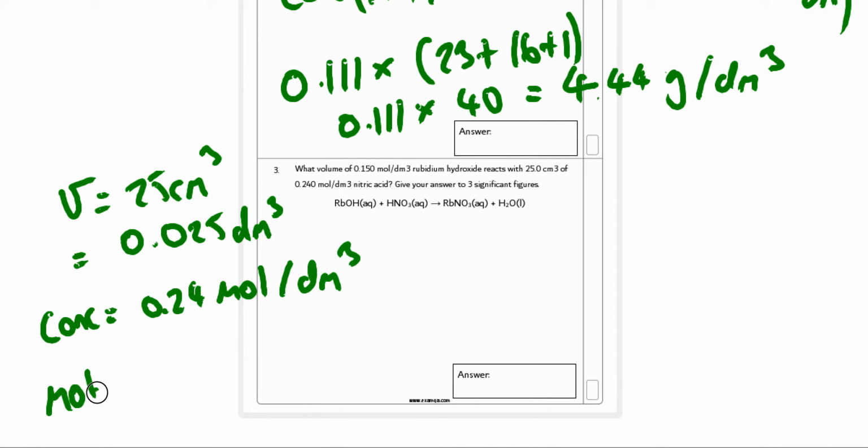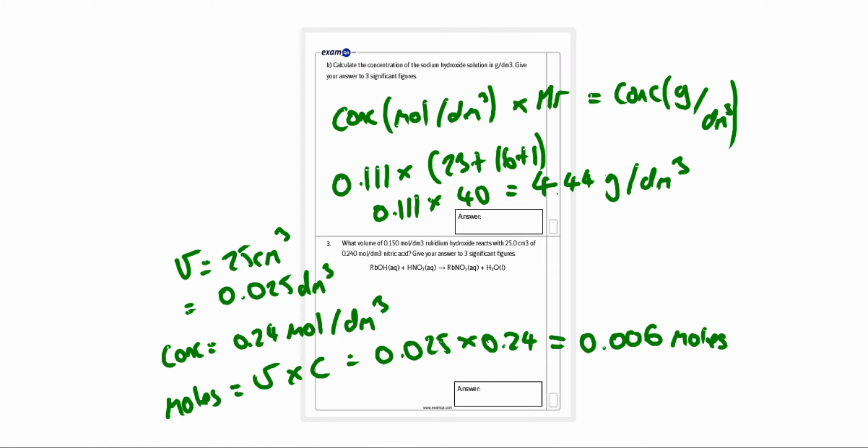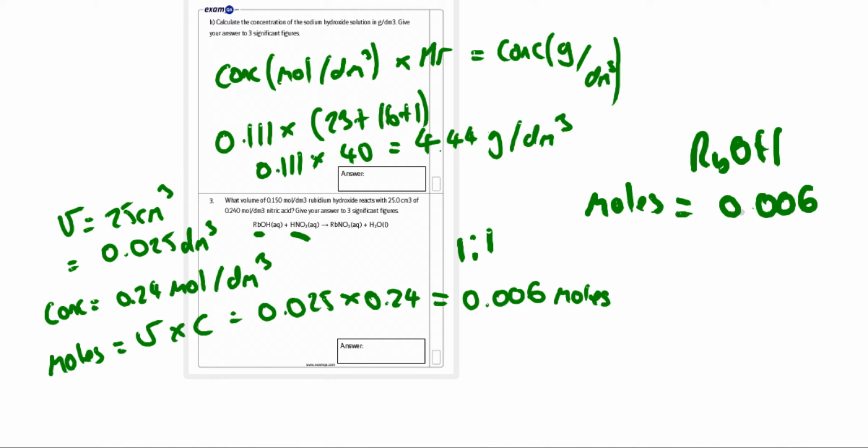So the moles is equal to volume times concentration, which is equal to 0.025 times 0.24, which is equal to 0.006 moles. So that gives you the moles of nitric acid. And again, it's a very similar one as before. We look at the ratio, so it's a 1-to-1 ratio between nitric acid and rubidium hydroxide. So therefore, the moles of rubidium hydroxide, so RbOH, is equal to 0.006.